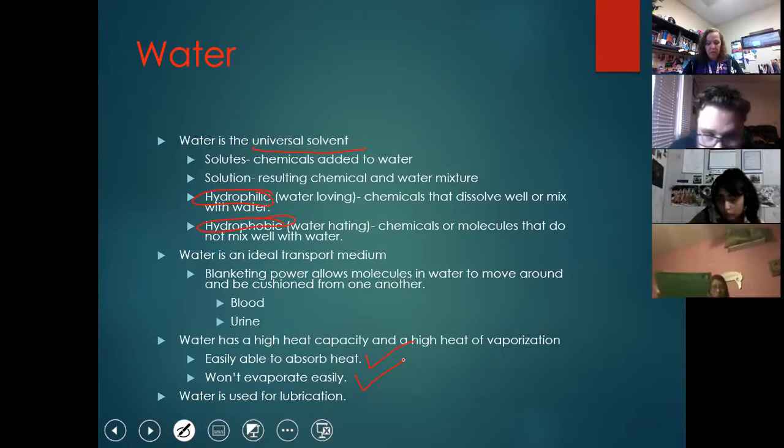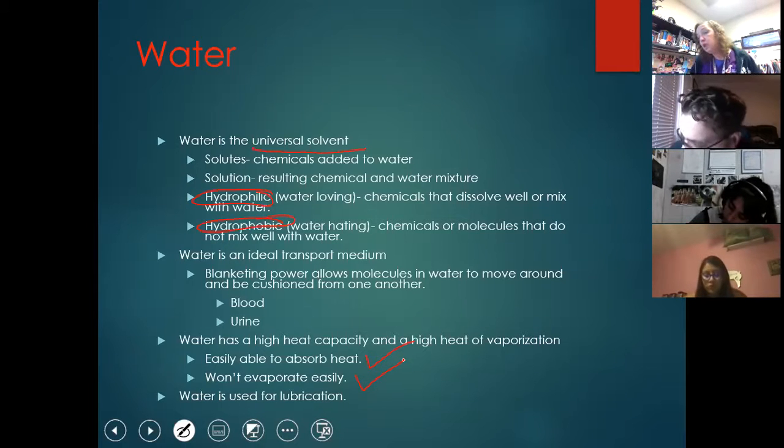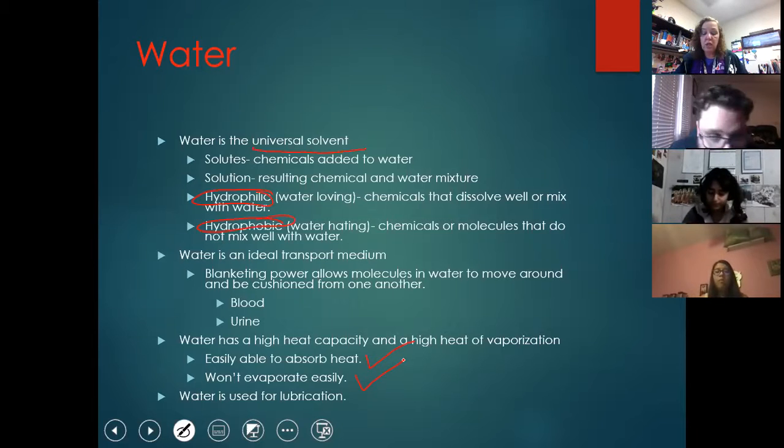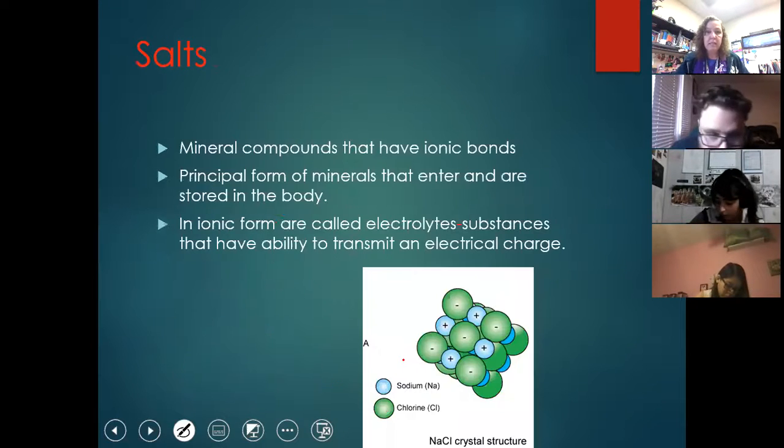So salts are like the one we talked about, sodium chloride, but there's a lot of different components to them. Let me know when you're ready. I'm ready, thank you. Fabulous.